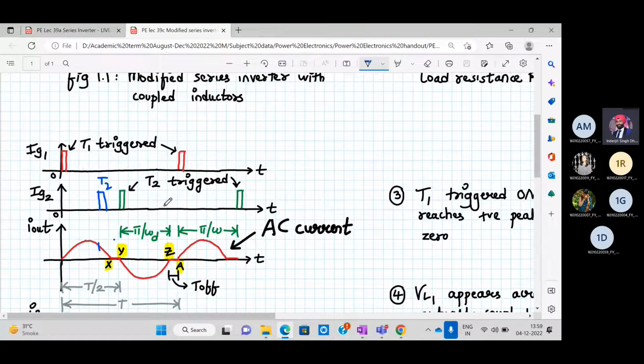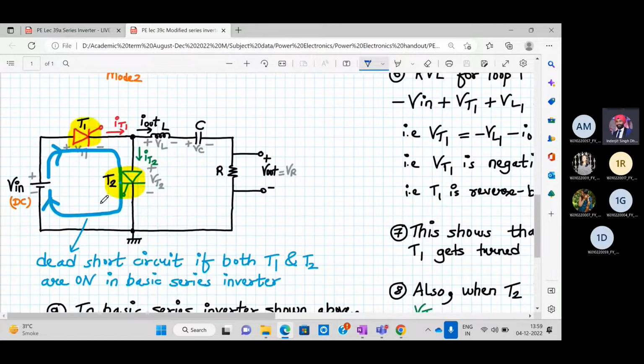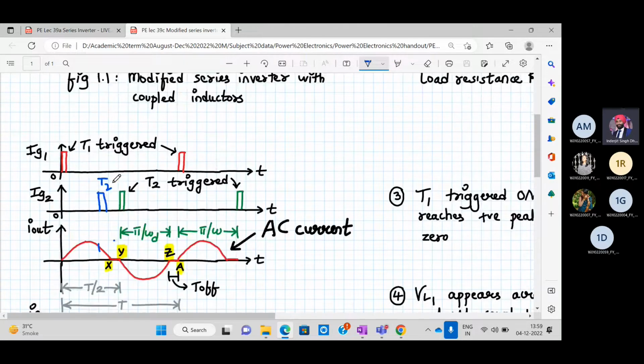So let's say if T2 has been triggered on over here, in the meanwhile the current flowing through the SCR has still not reached zero. That means T1 is on and T2 is triggered on. That means there will be a dead short circuit. Okay. In this case, this is allowed. This is possible. Even if T1 is on and its current has not reached zero, T2 can be triggered.